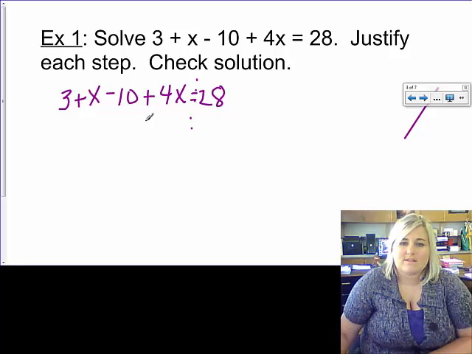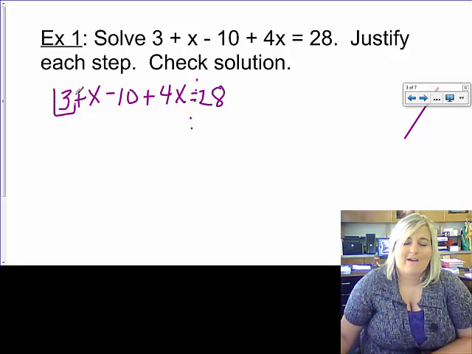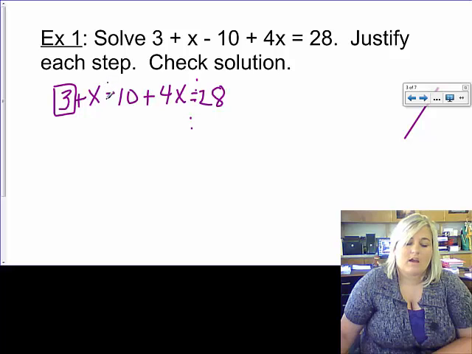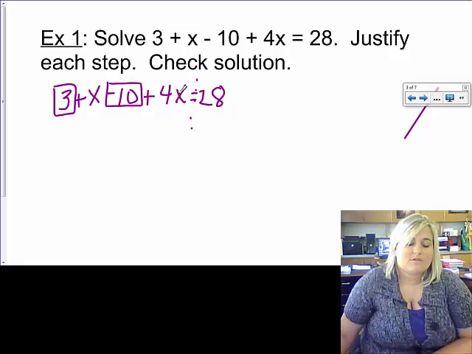Like terms, remember, are terms that have the same variables with the same exponents. So 3 is just a constant term, and constant terms are always like terms with other constant terms. Here I have a variable that's not a constant term. I have negative 10 here. That would be a constant term. There's no variable. And then my 4x has a variable.